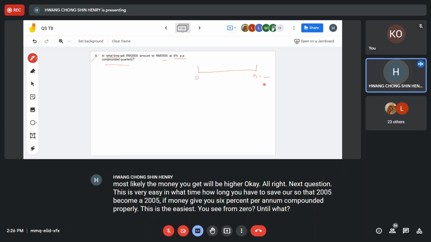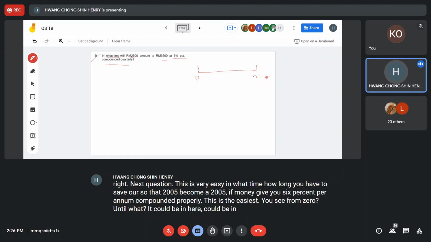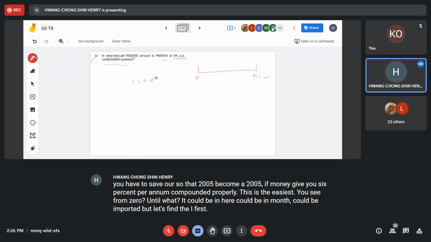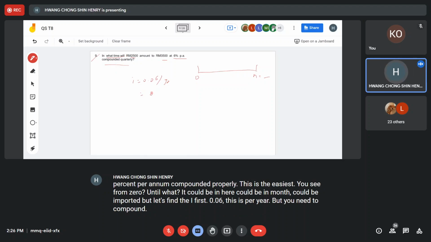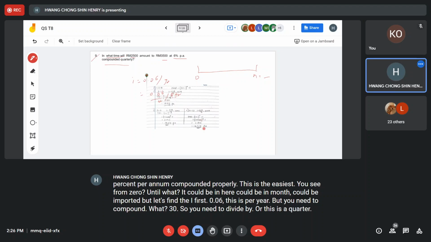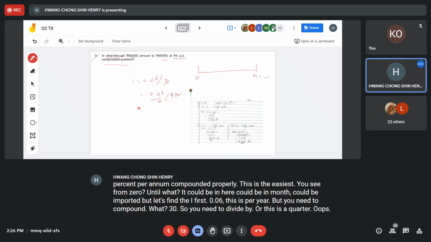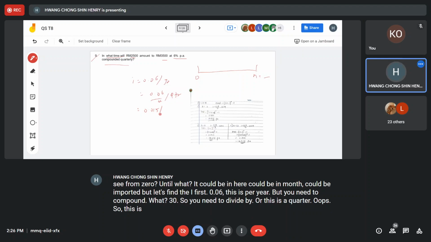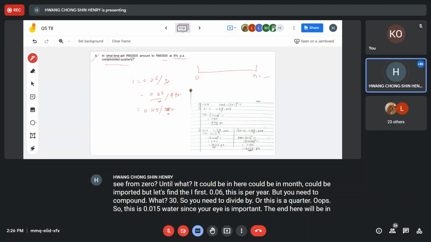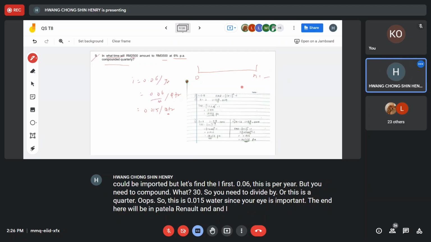It could be in years, could be in months, could be in quarters, but let's find the I first. 0.06, this is per year, but you need to compound quarterly, so you need to divide by 4. This is per quarter. So this is 0.015 per quarter. Since your I is in quarters, the n here will be in quarters. Why not? N and the I unit must be the same.